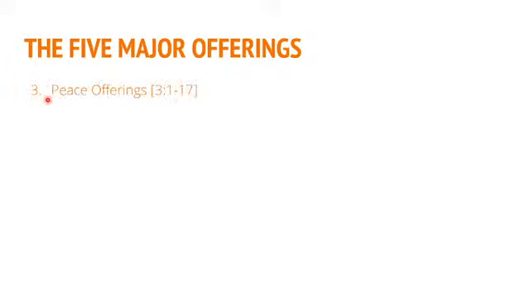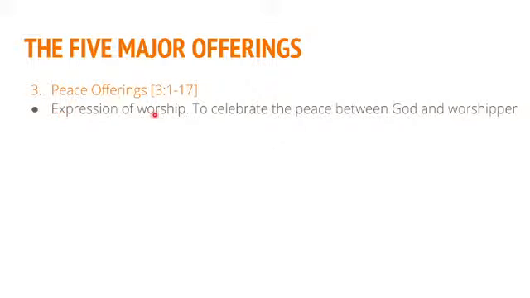So basically, when things were going really well, God was very gracious to me, I succeeded in something, or I asked God for a request sometime before, and God answered me, or whatever it is, things like that, to celebrate the fact that I have this peace relationship with God, which was seen in the fact that He was blessing me and treating me well and all of that. We are at peace. They had these peace offerings to worship God in response for that.